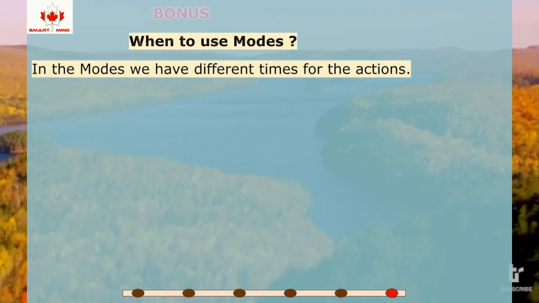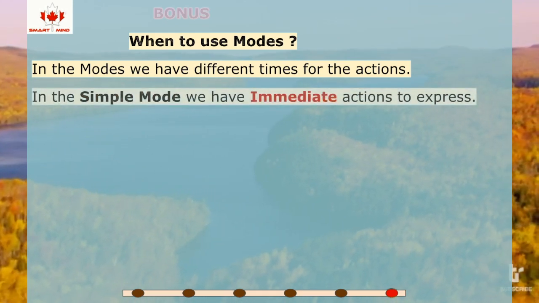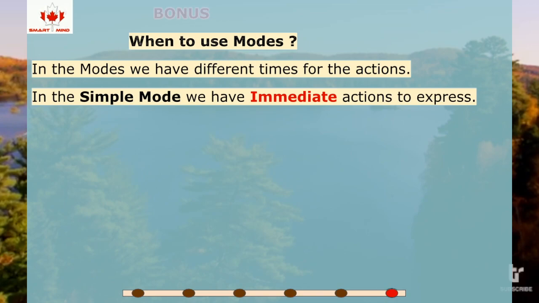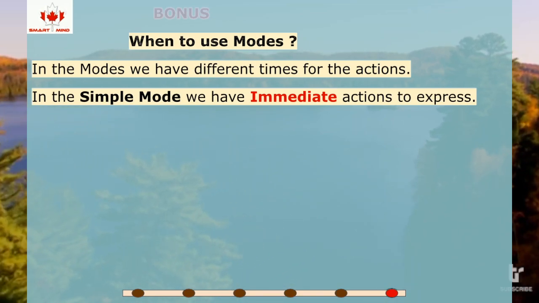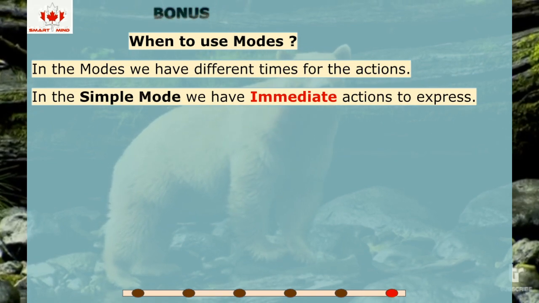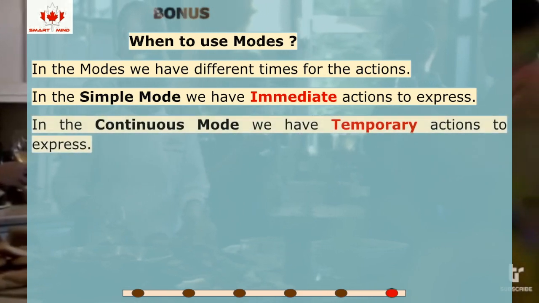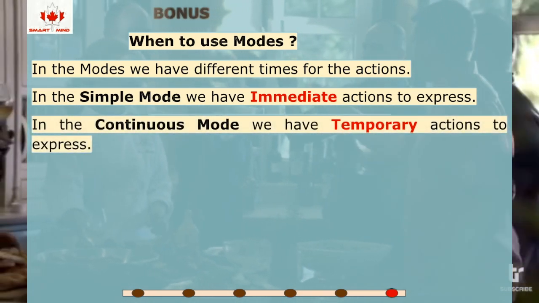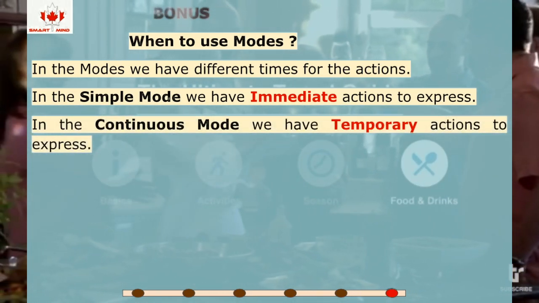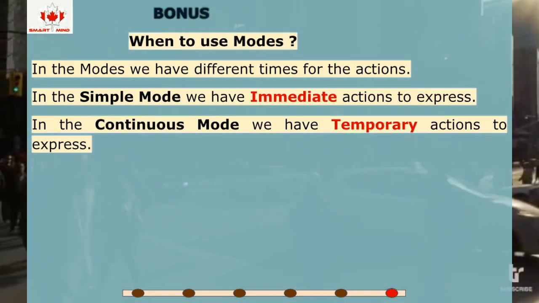In the modes, we have different times for the actions. In the simple mode, we have to understand if the action is immediate. In the continuous mode, we have to see if the action is temporary.